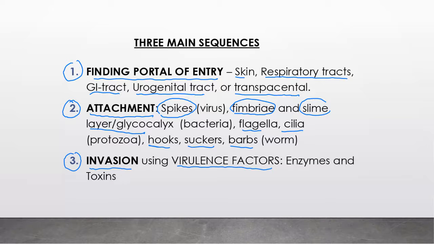These are usually enzymes and toxins that will break the host tissue and destroy the host cells, and then the bacteria or viruses will enter into the sterile tissue and reproduce in this host tissue. So these are the three main sequences of infection.